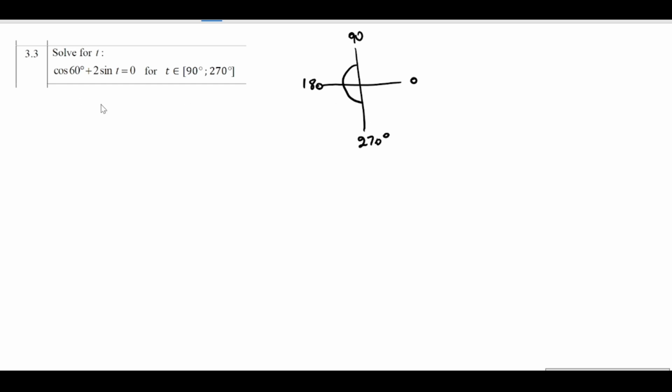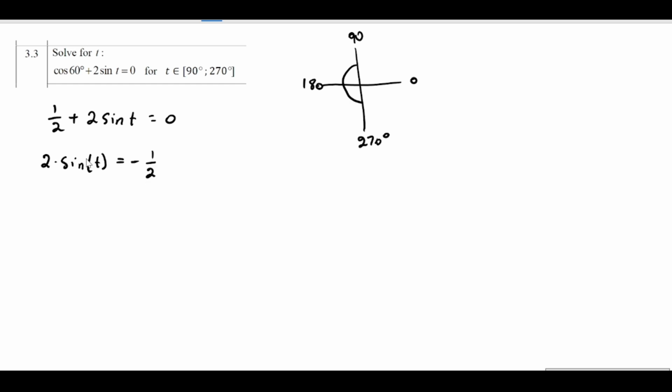All right, now let's see how do we deal with that one. What is the cosine of 60 degrees? You put it in your calculator, it's going to give you 1 over 2 plus 2 multiplied by the sine of t equals 0. Then you transpose: 2 multiplied by the sine of angle t is going to be equal to negative half.